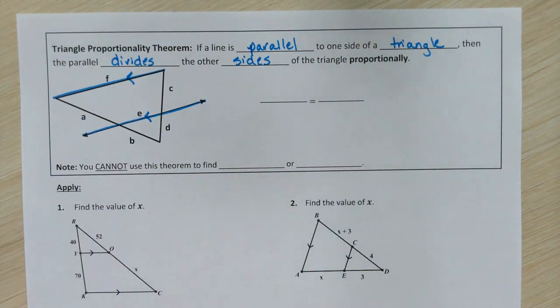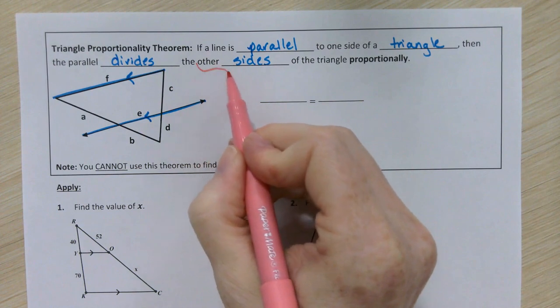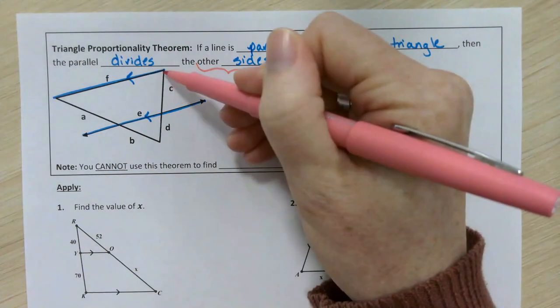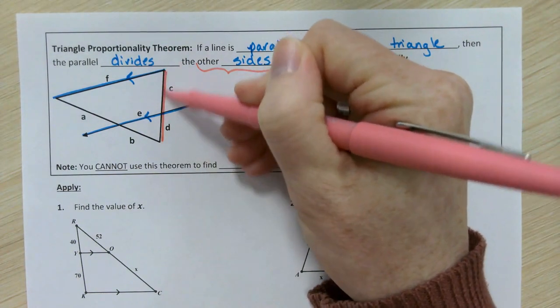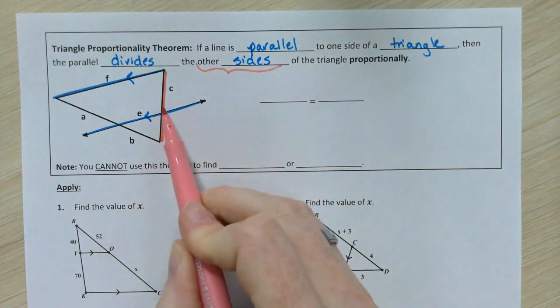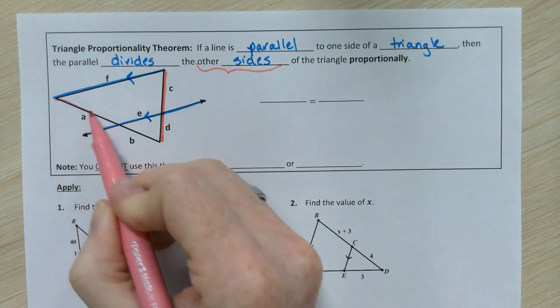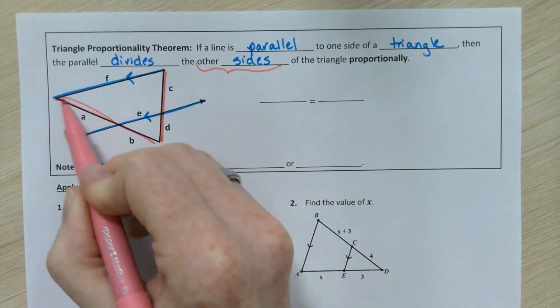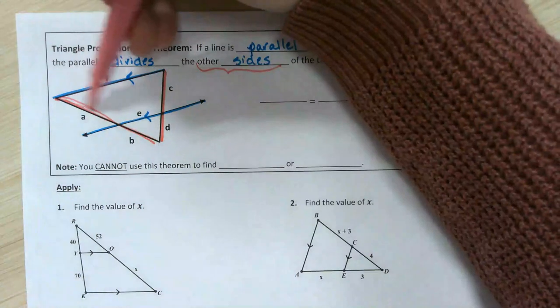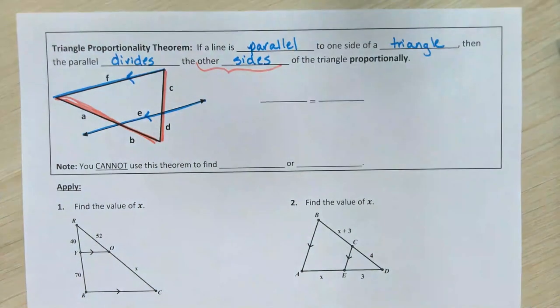So when we're talking about the other sides, we're talking about this right here where that line intersects the left or the right side of that triangle, and this right here where that parallel intersects the left side of that triangle.